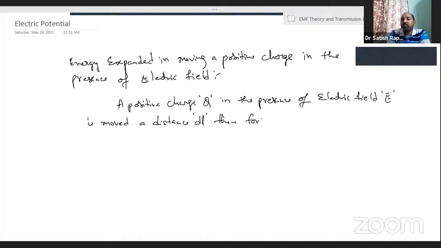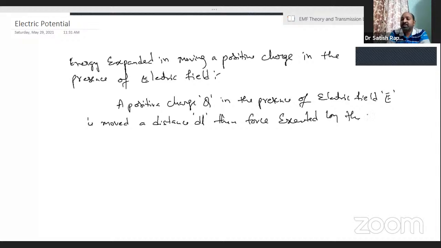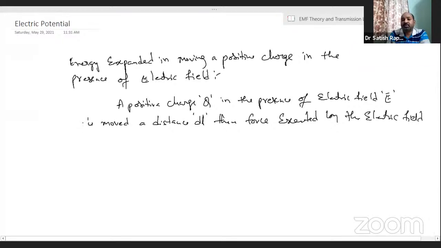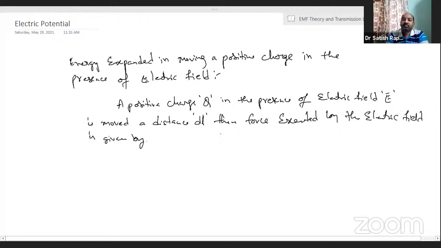Then the force exerted by the electric field is given by, right? So please try to understand, a positive charge Q in the presence of electric field E is moved a distance dl, then the force exerted by the electric field, as we have discussed earlier, right?